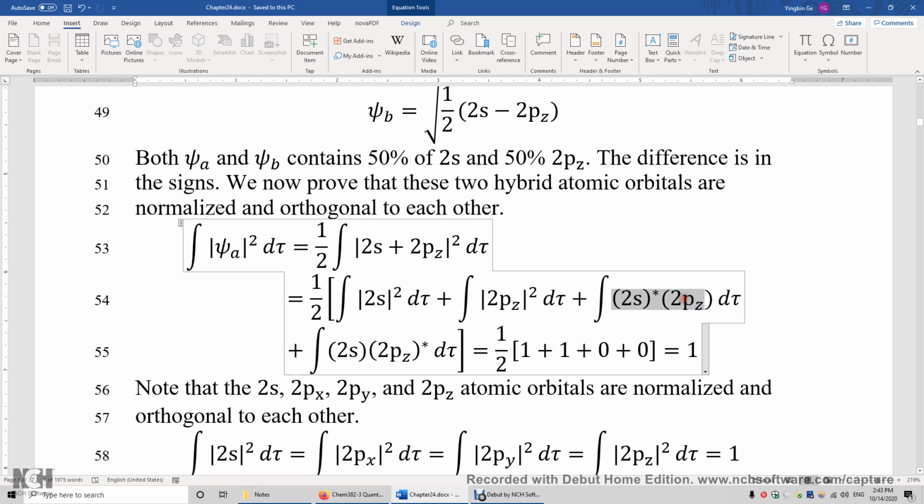So the product is antisymmetric with respect to z. It's an odd function. So if you integrate an odd function from z equals negative infinity to z equals positive infinity, the result is 0. Similarly, this one is 0. By the way, this means complex conjugate.